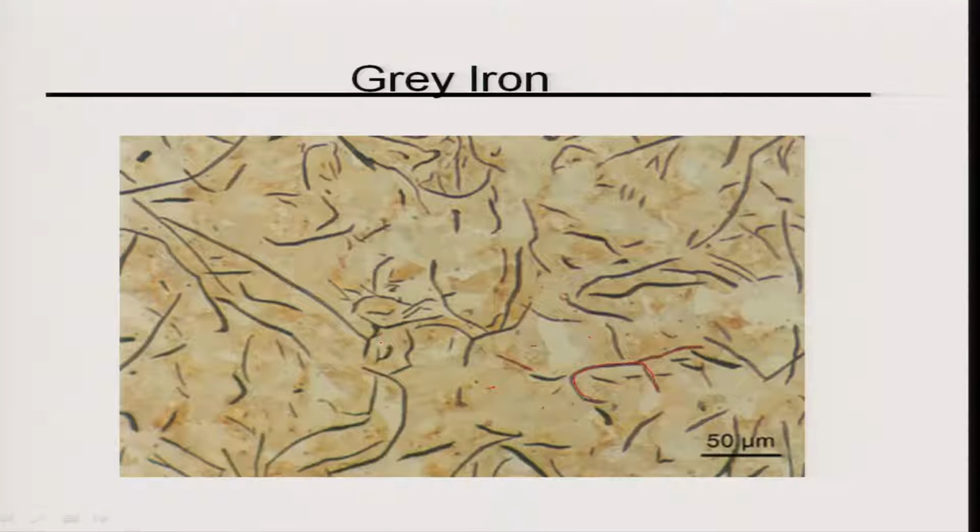Because of this small diameter at the ends of the flakes, once a load is applied to the material, it can lead to huge stress concentration at the tip. This can be so severe that it leads to crack generation at the tip and the material can fail.